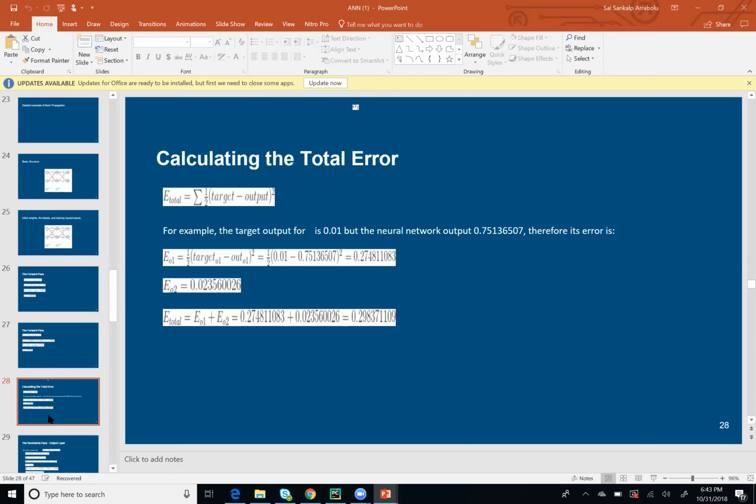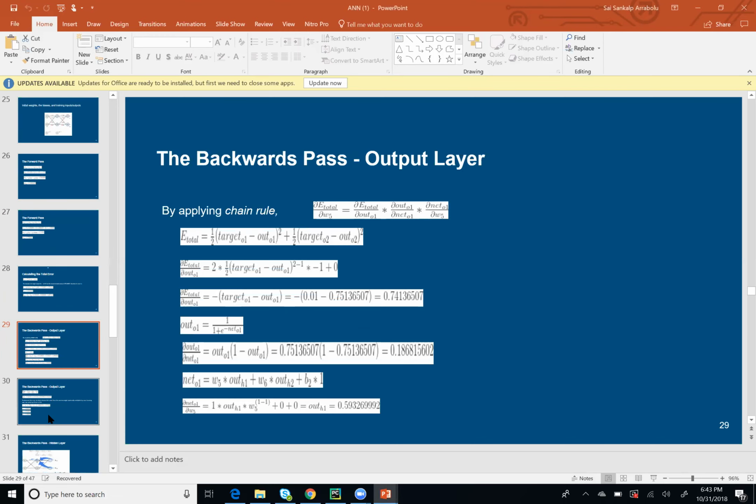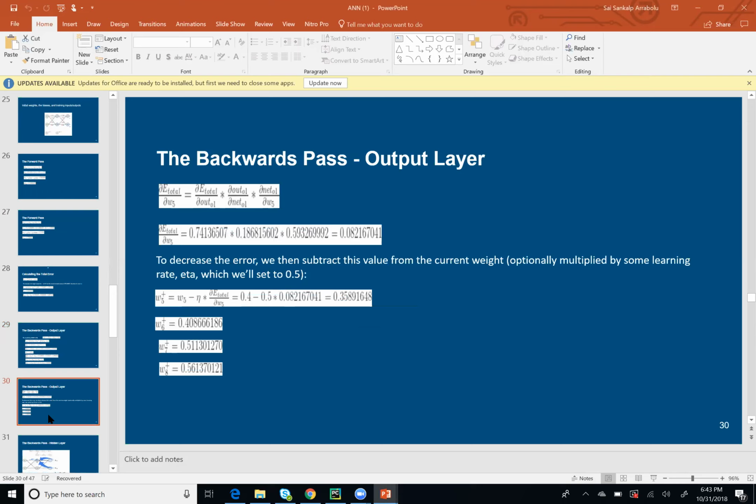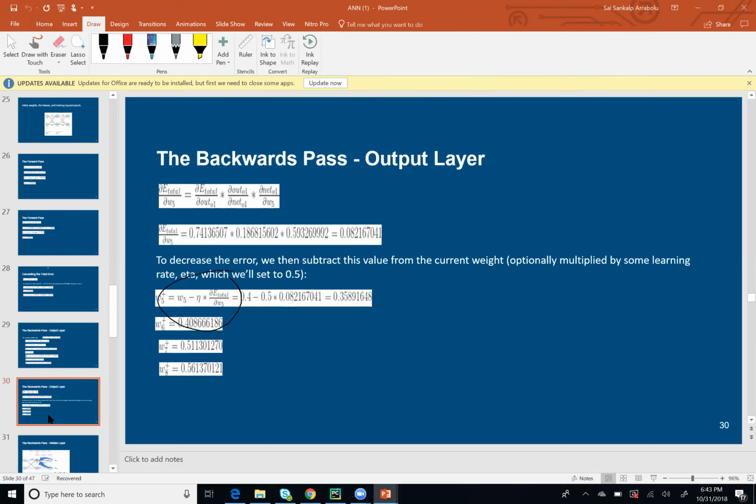Once you get your final output, you calculate the error, which is your target minus output. You are expecting 0.01, but you got 0.75. You calculate the error on both the nodes, and then you do a partial derivative of that. Once you get the partial derivative, you update that particular weight by eta times the partial derivative.